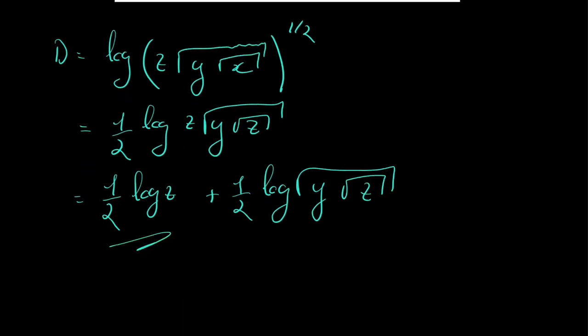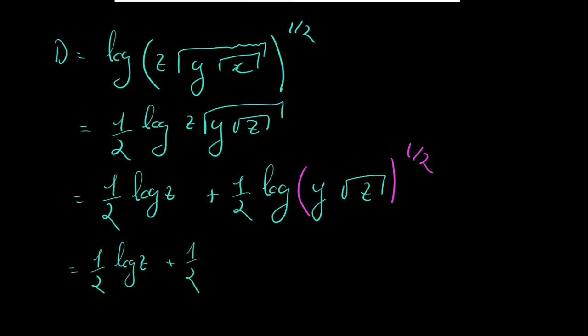We are done with this part. Now this part is just as having here a power 1/2. And so this is equal, so still here 1/2 log of z plus 1/2 times 1/2 log of y square root of x.